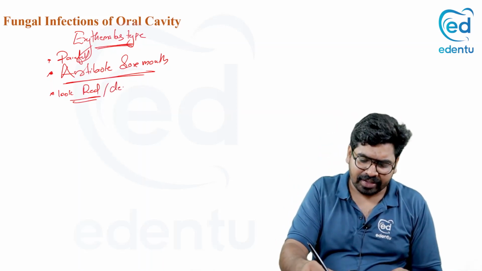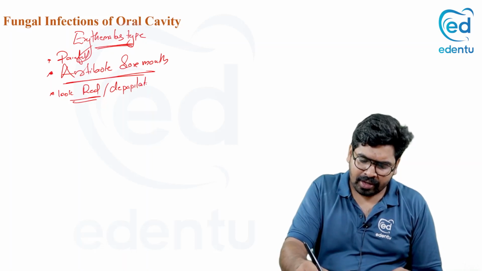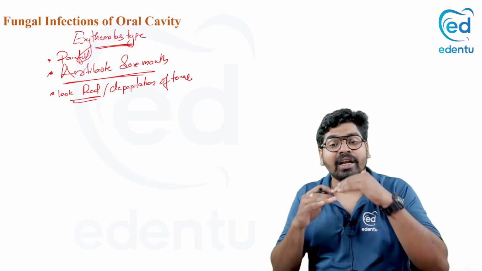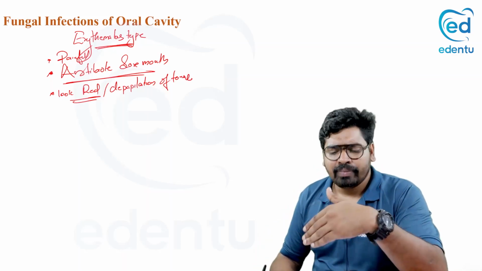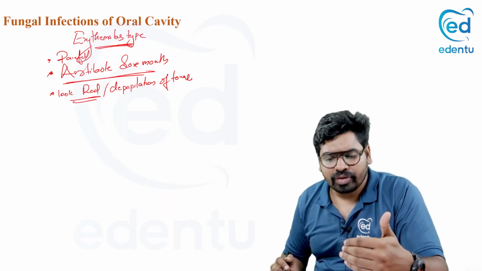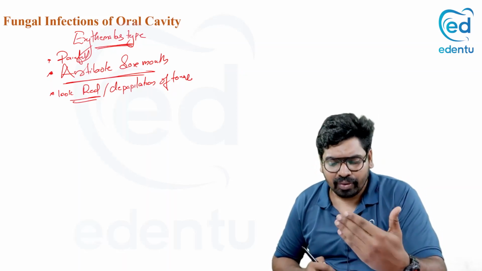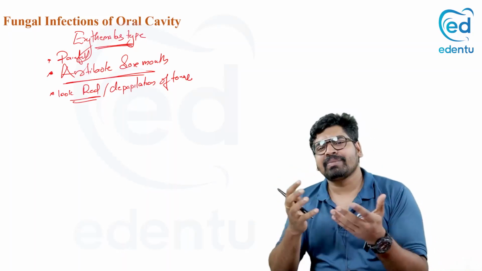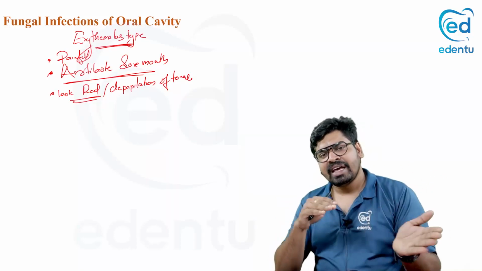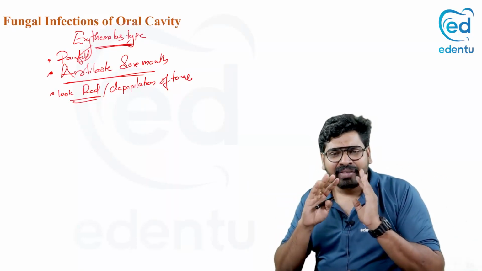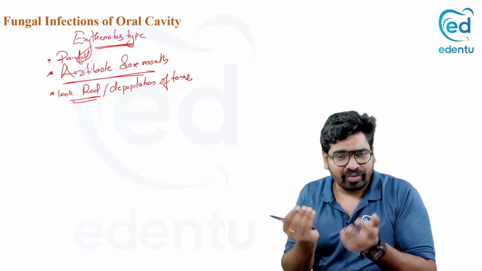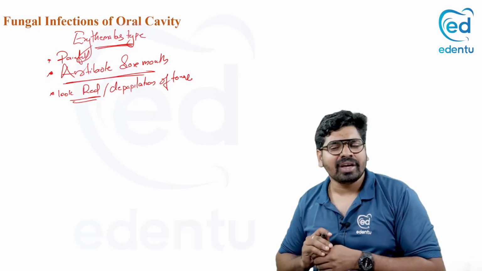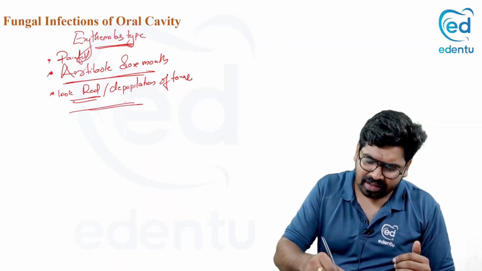We can see depapillation of the tongue. It is called antibiotic sore mouth because it is mainly caused by the use of broad-spectrum antibiotics and corticosteroids. The oral cavity will appear red and erythematous. It is not the white cottage cheese appearance, it is totally the opposite. We have atrophy of the oral mucosa and atrophy of the tongue papillae, and it looks very painful. So this is about erythematous candidiasis.